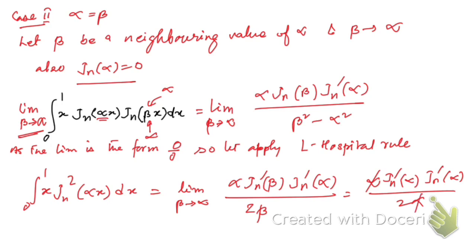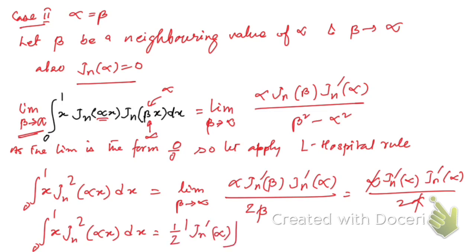So let me copy this right hand side. What we have got is equal to half Jn dash of alpha, this whole thing squared, right? Hope you have understood this.